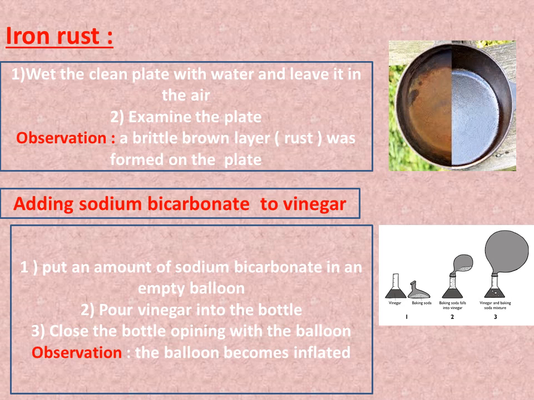This means that the structure changes and also the shape changes. So iron rust is a chemical change because the shape and structure of matter change, producing a new substance with different properties. Iron rust's properties are different from the iron. So iron rust is a chemical change.